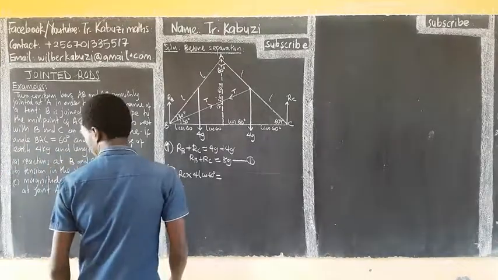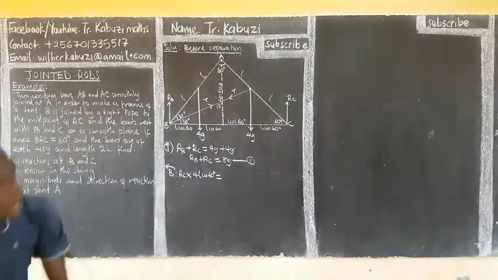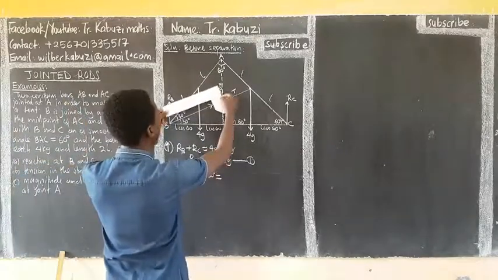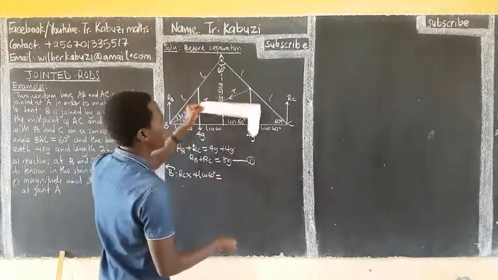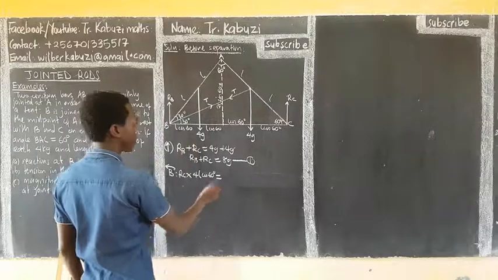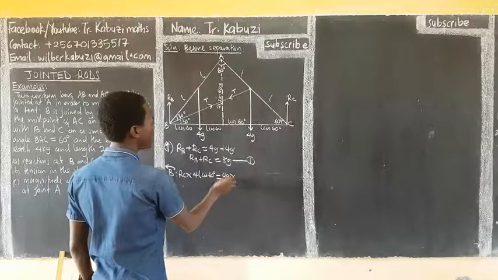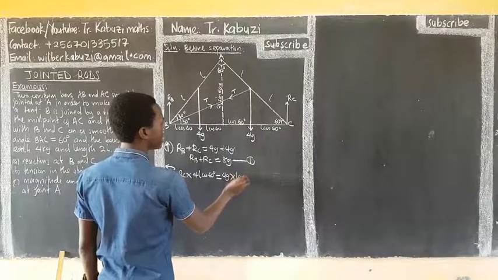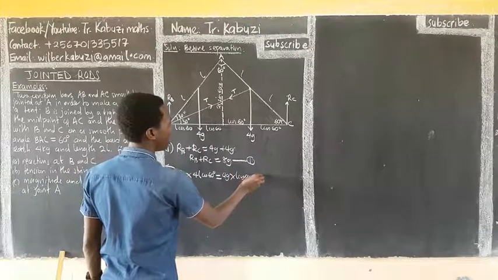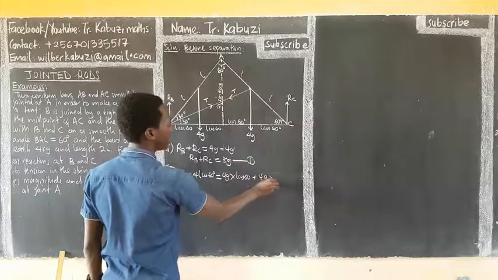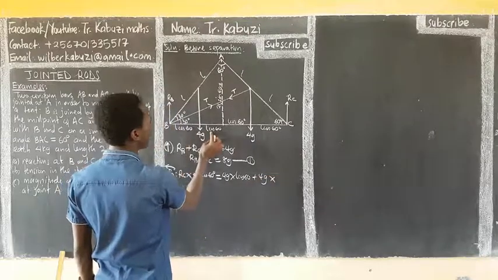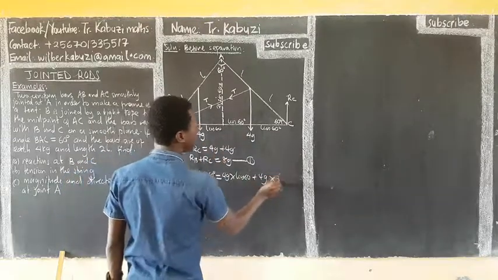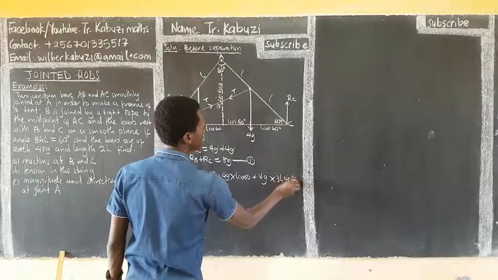Okay, then those which were acting anti-clockwise, these are now acting clockwise. We have this, then we have that one. So first, 4g times the distance from B of L cos 60, plus 4g times from here, we add here, you get 3L cos 60.